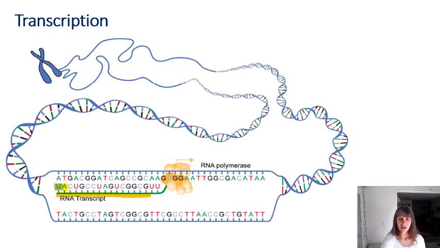Here we have guanine next, so with guanine we're going to match it with cytosine on the RNA. Here we have adenine again on the DNA. We don't have thymine in RNA, so we have to use uracil. And that's how we develop our growing pre-messenger RNA molecule. We're still in the nucleus.